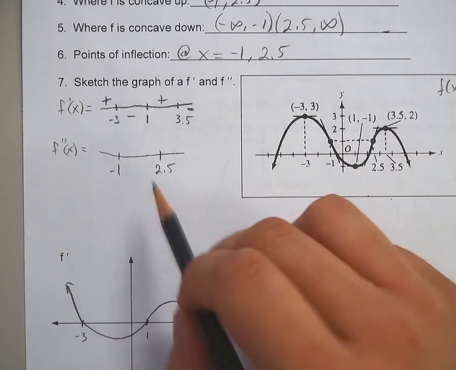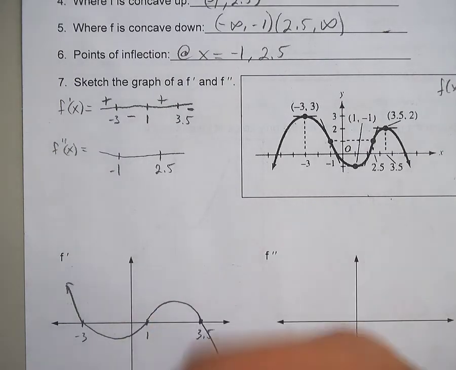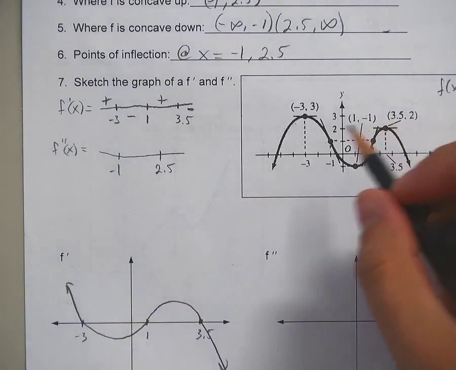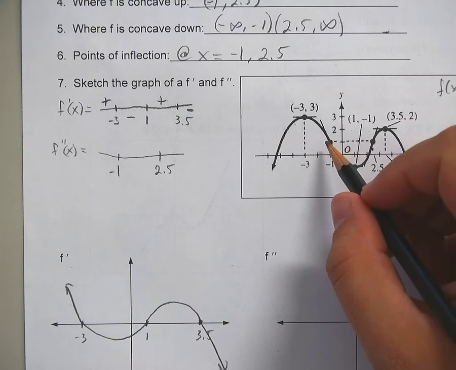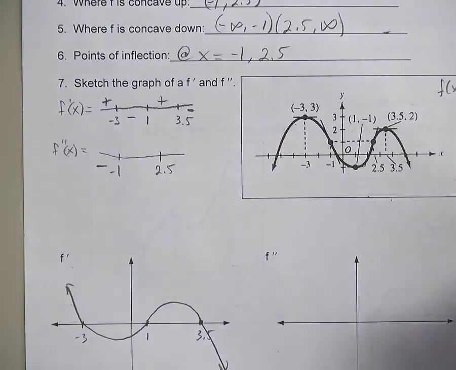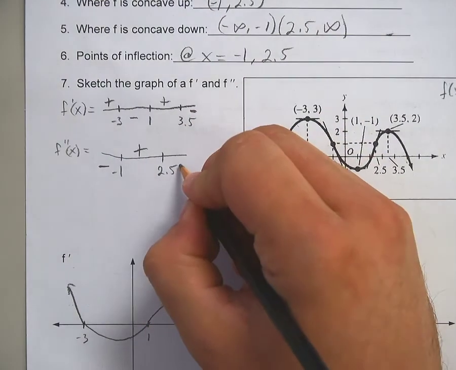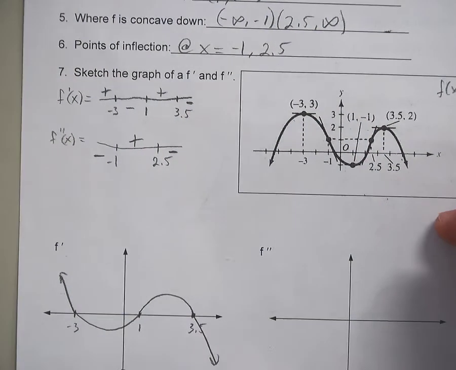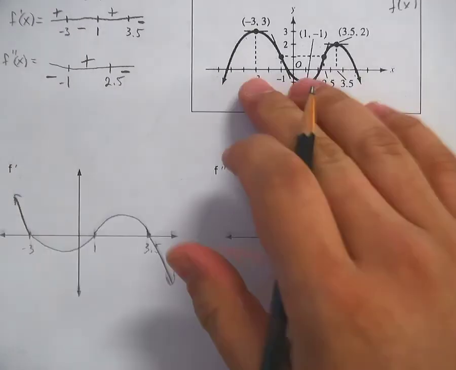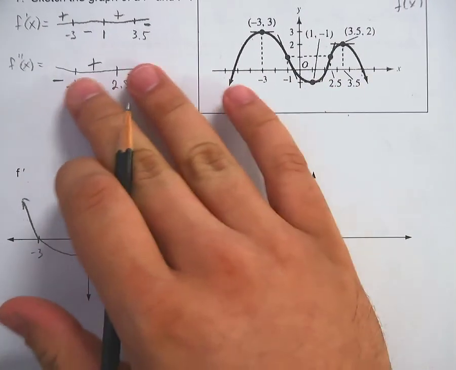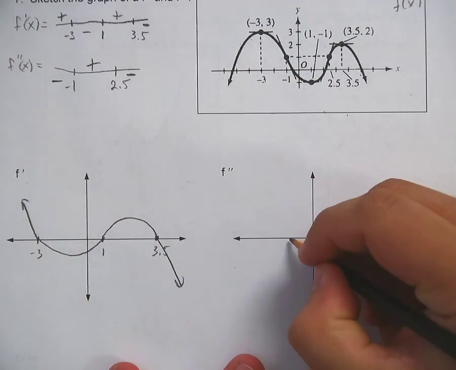And this is going to be where it's positive or negative, so we're looking at concave up or concave down. This is concave down to the left of -1, so it's going to be negative. It's concave up in the middle, concave down on the right. So again, once you get this sign analysis done, the rest is pretty simple.